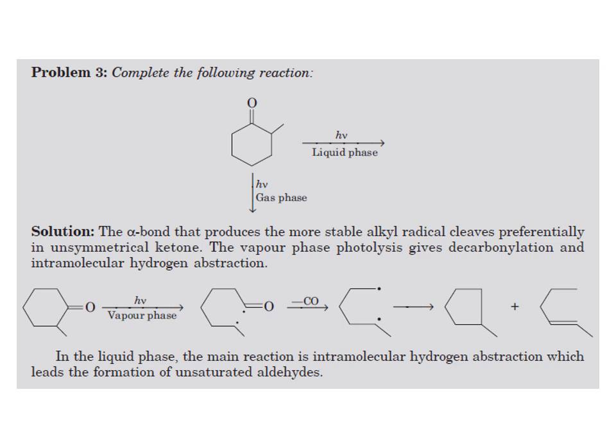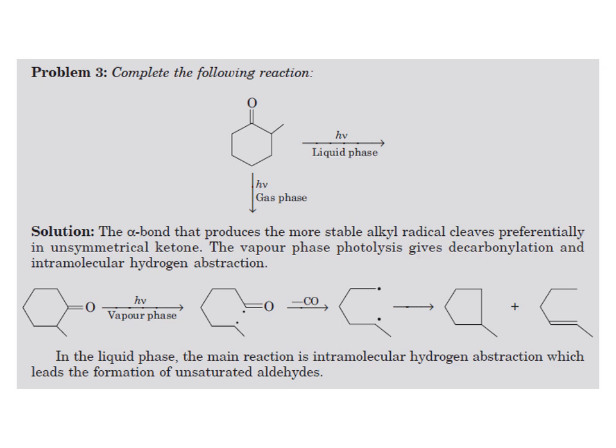Recombination happens, and we get the methyl substituted cyclopentane derivative. Also, hydrogen abstraction happens, and we get the substituted alkene as one of the major products.